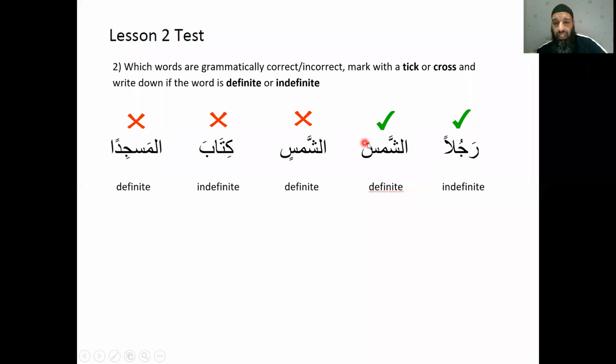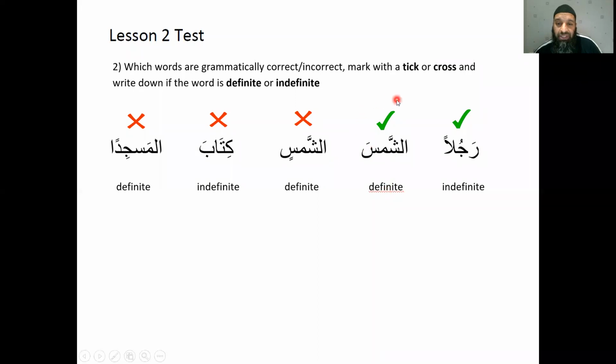This one here, ash-shamsa, is correct because the alif lam has come, so it's definite. As a result, this has become single. When alif lam comes, you add some ink on this side, then you have to take the double ending off and make it single. Otherwise, it's just not right. If somebody said ash-shamsan, I would still know what you're saying, the sun, but you're breaking the rules of grammar.